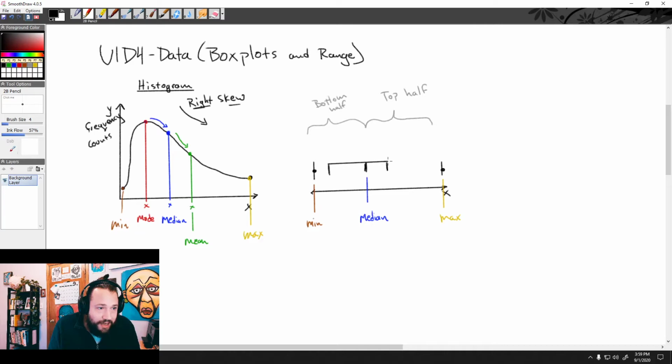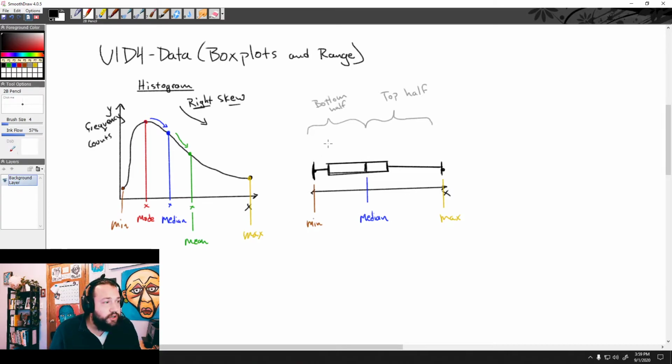So then I make a box out of the middle part, and then I have arms coming off. And so this is what a box plot, it's called a box and whisker plot sometimes. So this is the box part, these are the whisker parts.